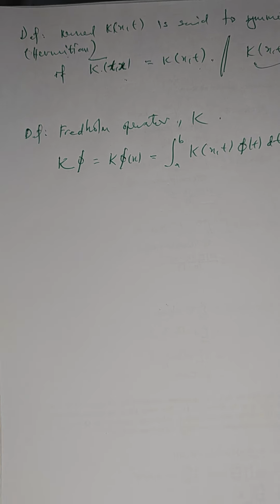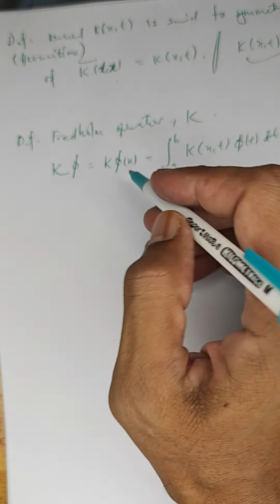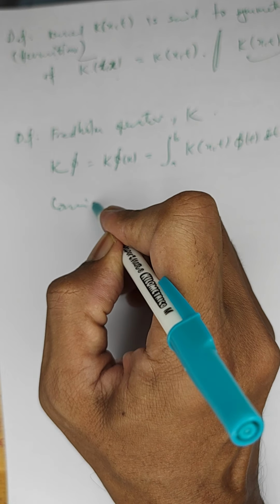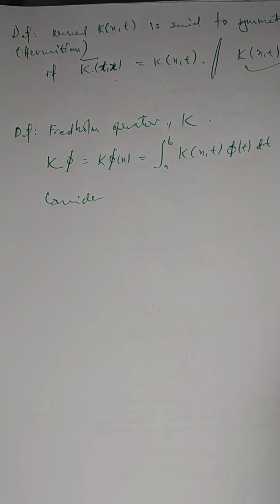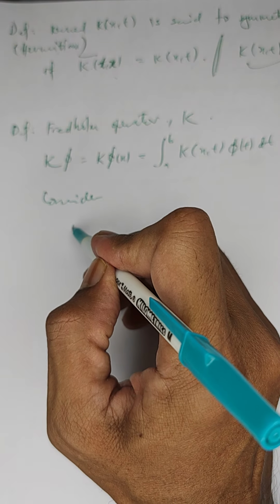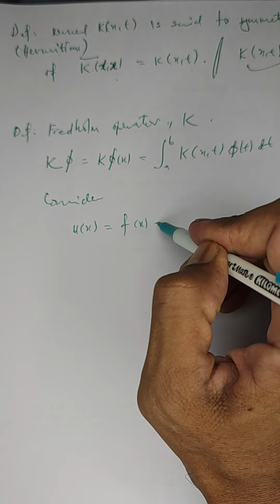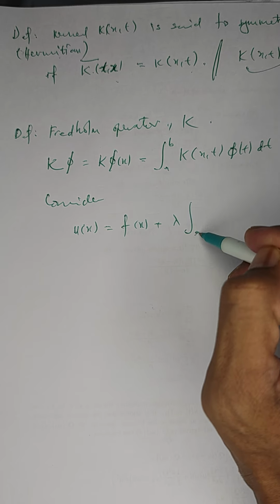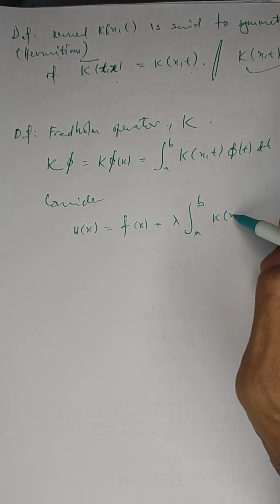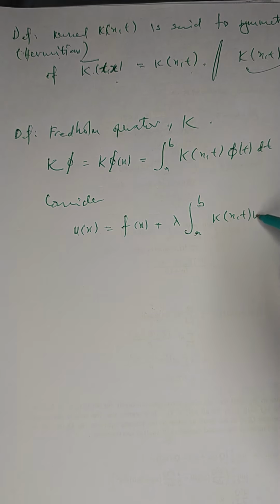Now, let's say we have the Fredholm integral equation, u(x) equals f(x) plus lambda times the integral from a to b of k(x,t) u(t) dt.